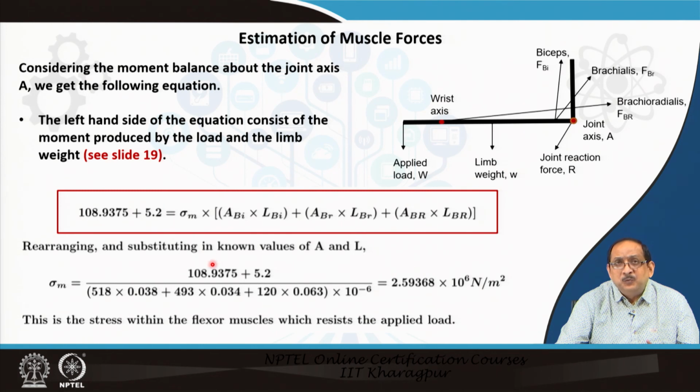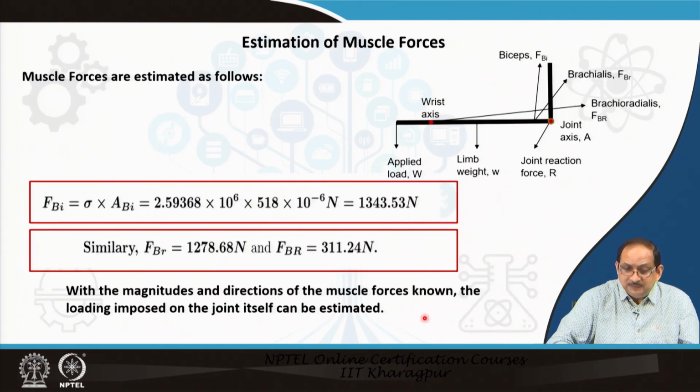So, when we substitute the values of these variables here, we can calculate the stress in the muscle, and we had assumed that all muscles are stressed at the same intensity. So, this is the stress within the flexor muscles which resists the applied load.